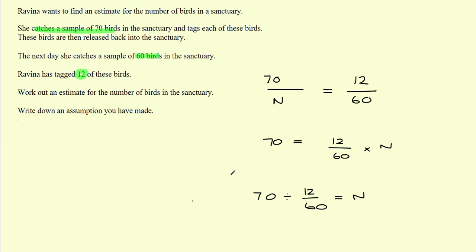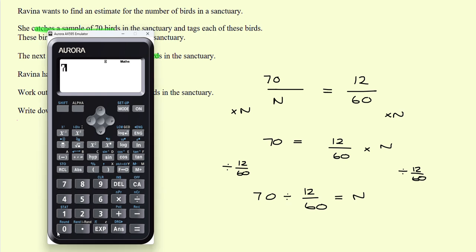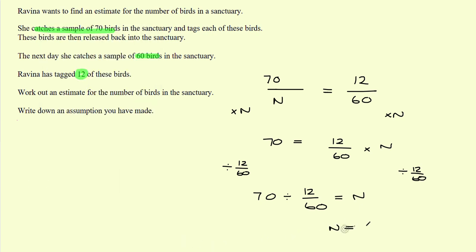Okay, so just to be clear on the steps we followed, we've multiplied both sides by n, and then I'm dividing both sides by 12/60. Okay, that's just rearranging formula like you would in maths. Right, let's put that into our calculators. So we're doing 70 divided by 12 over 60, giving us 350. Okay, so the total population size was 350.